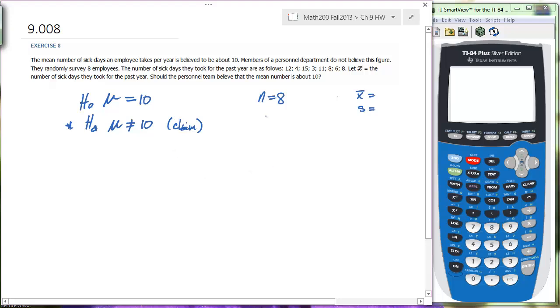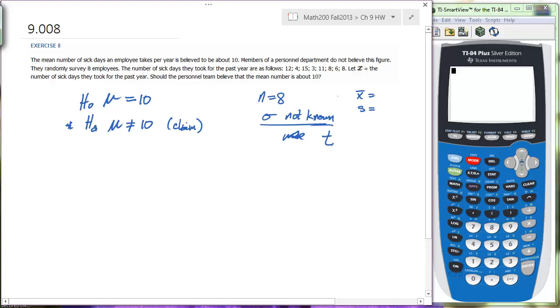One important thing to look for is a standard deviation that's assumed to be the population standard deviation. If we scan through this problem again, we'll see that the standard deviation is not known. And so the fact that it is not known says that we can use the appropriate distribution.